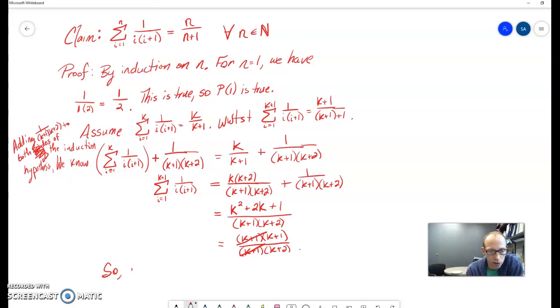So we've shown it for all n. Okay, we showed it for the base case, then we showed if we assume it's true, we can prove it true for the next integer. As we put those two together, we've shown it.